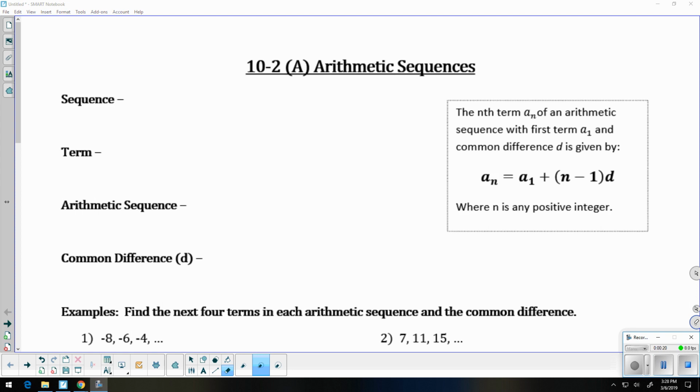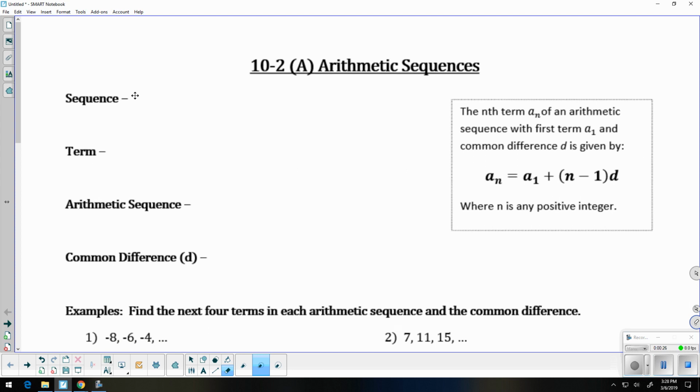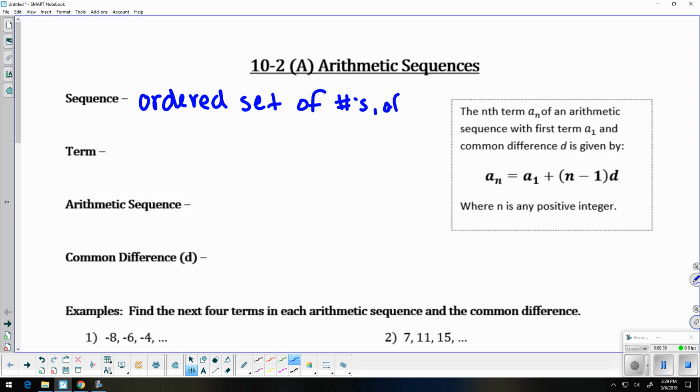So starting with our definitions, what is a sequence? A sequence is just an ordered set of numbers, often forming some type of pattern. So there's some type of pattern happening with these numbers, and that's your job to figure out: what is the pattern?